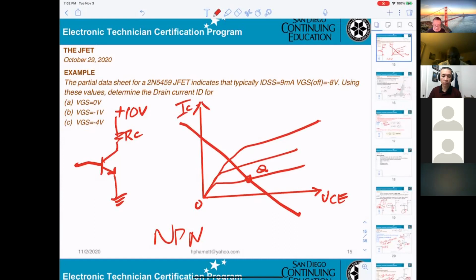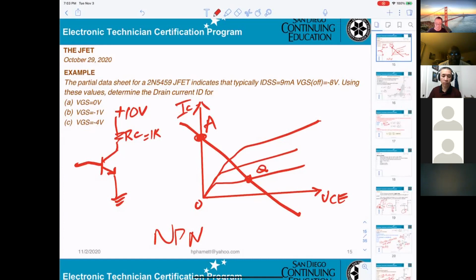But my question is, what is the value at this point? I can say point A. What is the value? You mean like 1 milliamp or something? Or like 10 milliamps?